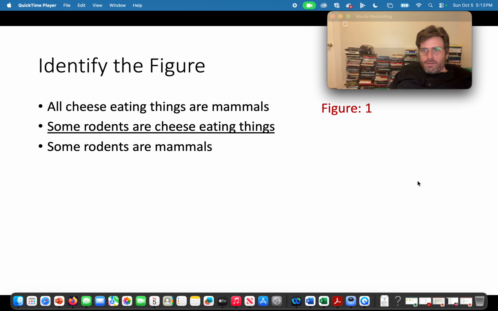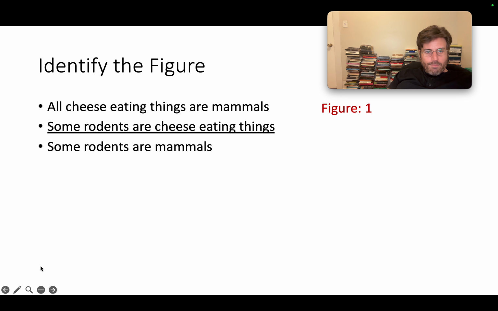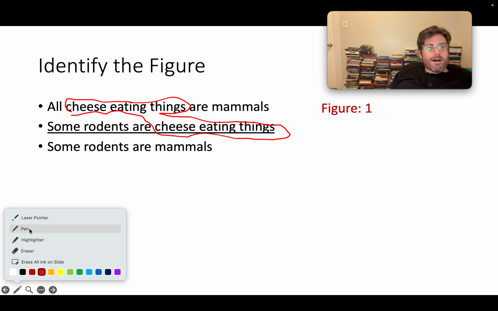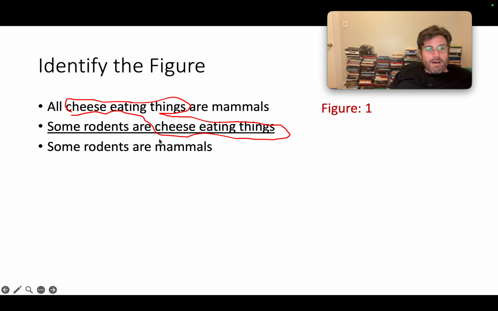What do we have? We have figure 1, right? This is figure 1 because our middle term is cheese-eating things. Cheese-eating things occurs in the subject position of the major premise, and it occurs as the predicate term of the minor premise. That's a sloppy diagram of the figure, but we know it is figure 1.